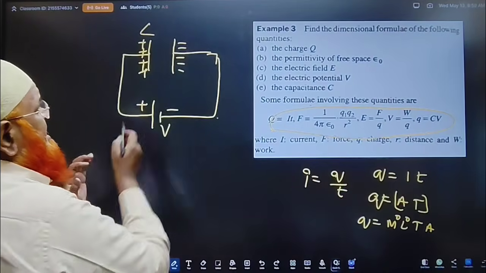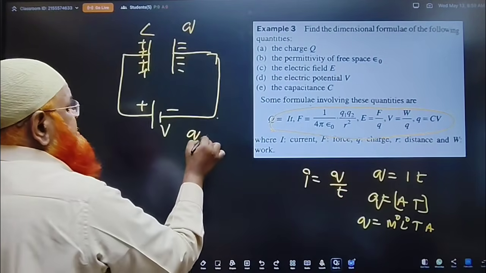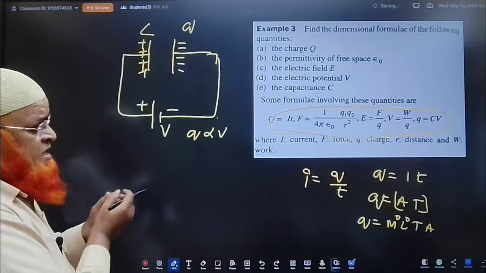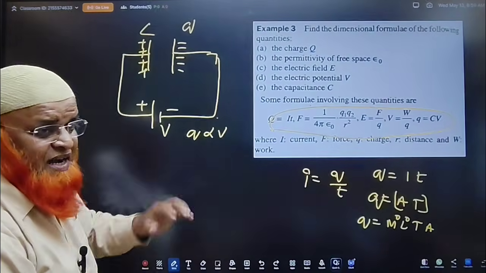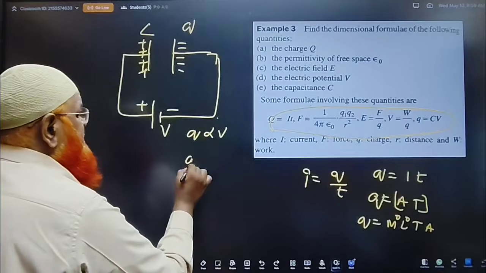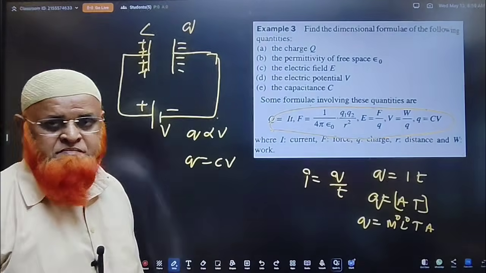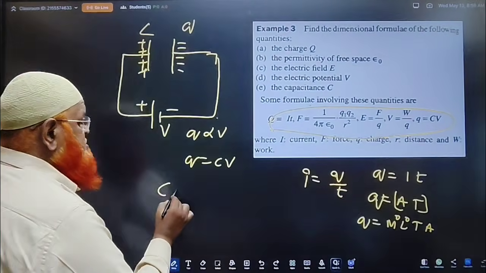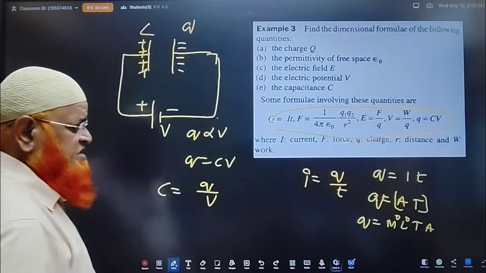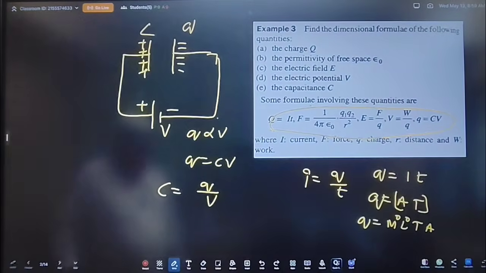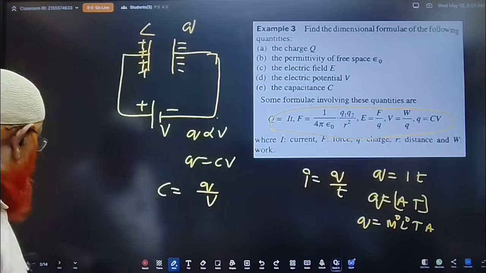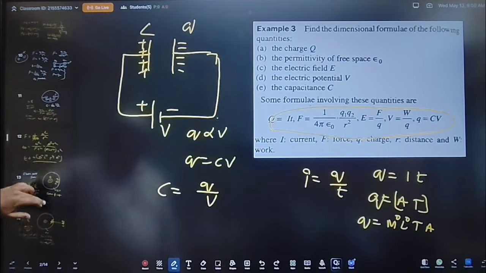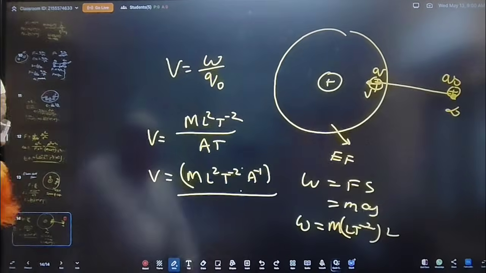Here the charge on the capacitor is directly proportional to the potential supplied. The greater the potential you supply, the greater will be the charge on the capacitor. Charge is directly proportional to potential applied. So Q is nothing but C into V. So what is C here now? C is nothing but Q by V. This is the basic formula for capacitance. Hope you're understanding what is the meaning of capacitance. But I have to find out what is the dimensional formula for capacitance. So what is the dimensional formula for capacitance now? Just see.